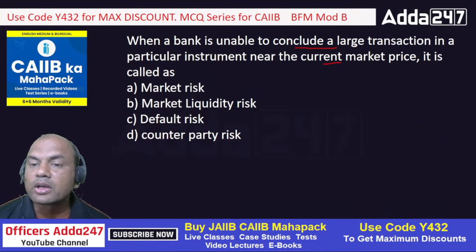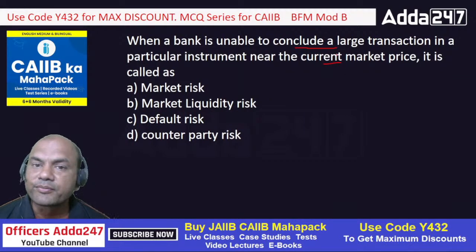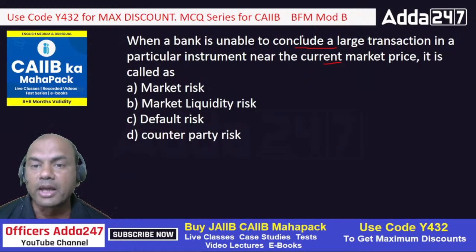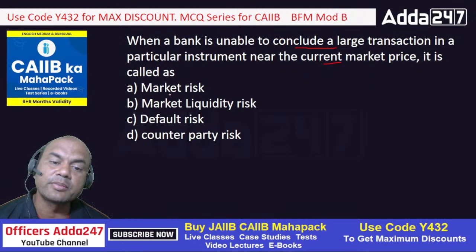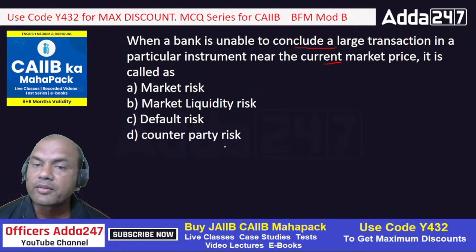Bank is unable to conclude a large transaction at a current market price, means market price was known earlier only. But the bank is not able. So what can be the reasons? The reasons can be many, internal to the bank. So this risk will be known as what? Market risk, market liquidity, default or counterparty.